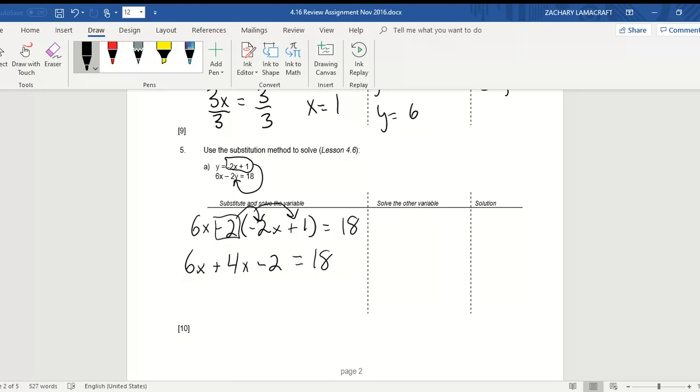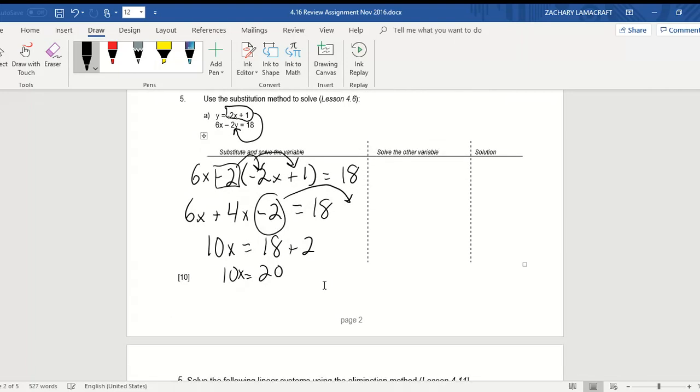And then in this case, we will have 6x plus 4x is 10x. And this going to the other side being 18 plus 2, 10x equaling 20. We know we divide both sides by 10, and x is equal to 2.